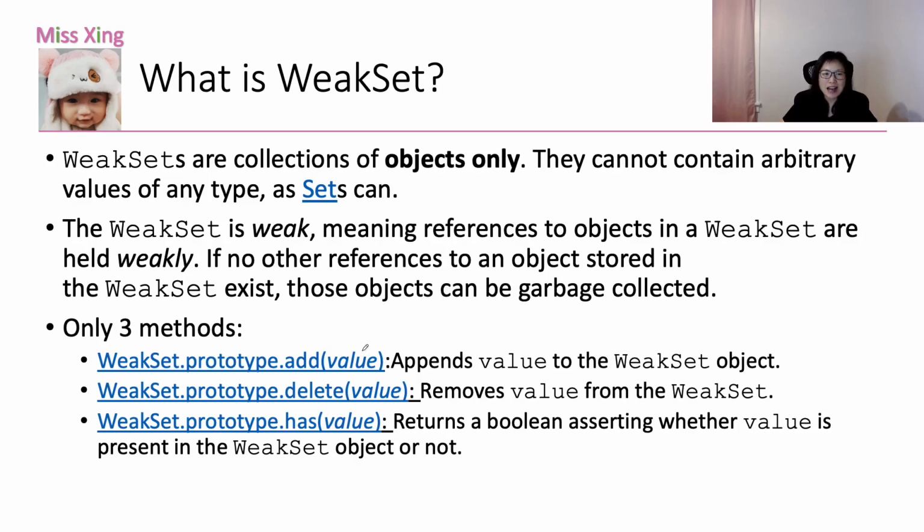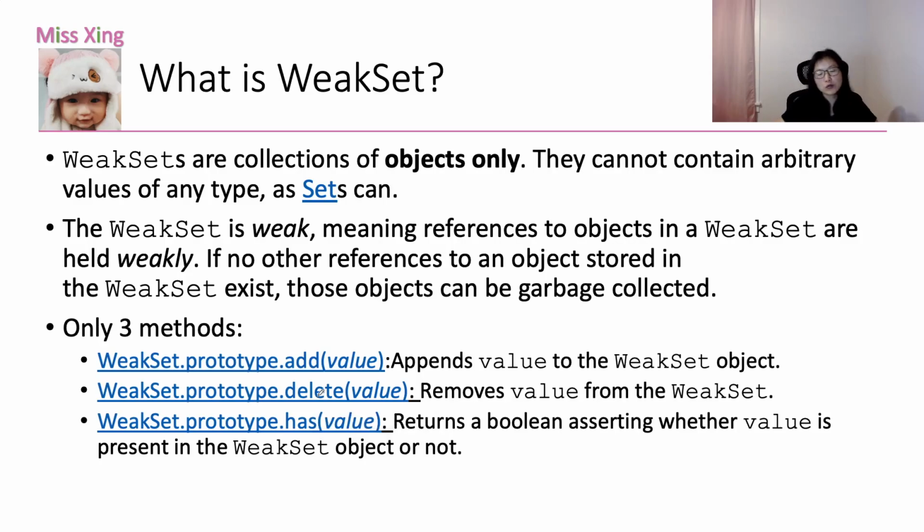And the same idea as WeakMap, it only has add, delete, and has, 3 methods. It doesn't have a way to loop. It doesn't have .keys, .entries, and .values.